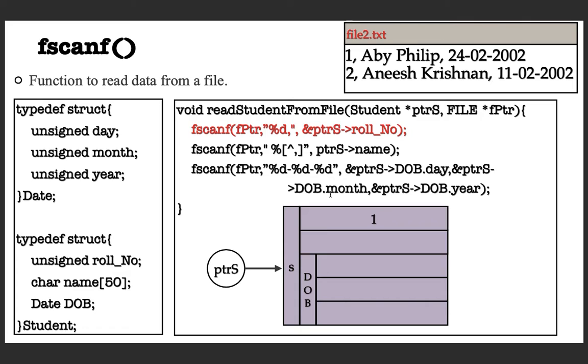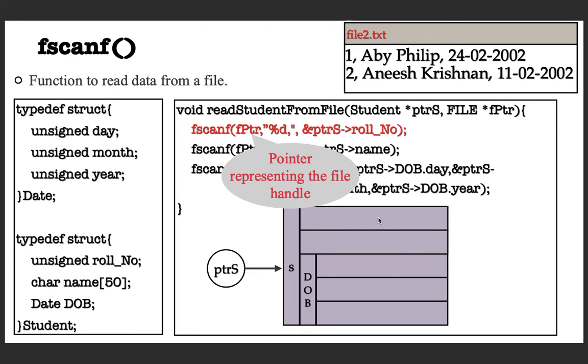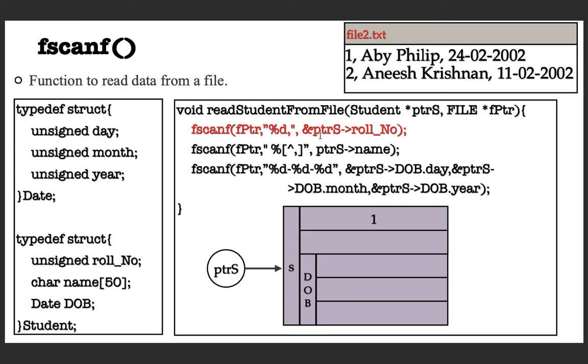I think now no need to explain, because you know that this is the member access operator. You are passing the address, so you are reading a number from the file. The first number will be read, and so that is already stored here. Before that nothing was here, you read it into the first field, because this is the first field. Moving down, next you are reading characters until you see this comma into the name field.